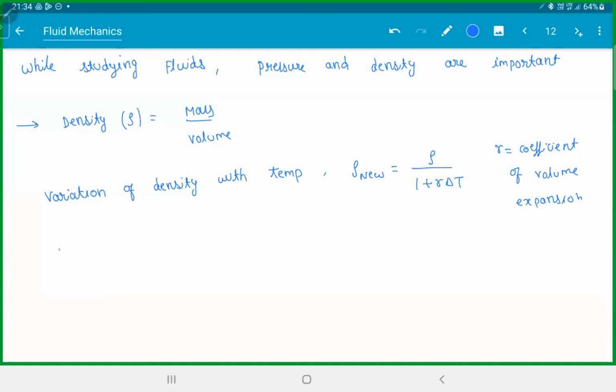So here, sometimes we use words like this, specific gravity. Specific gravity is nothing but density with respect to water.